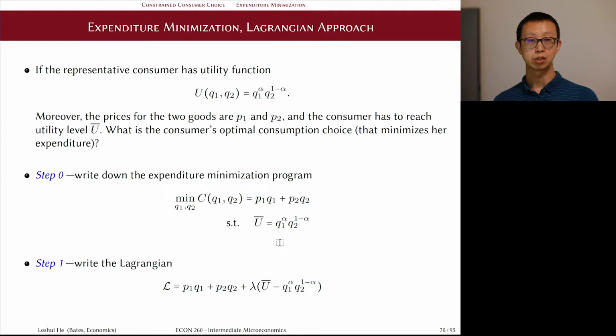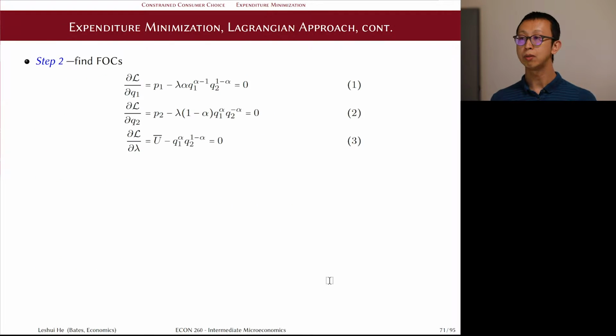It doesn't change the end result at all, although the algebra will have slightly different signs along the way in the first order conditions. And now with the Lagrangian in place, we're going to take derivatives with respect to the two control variables Q1 and Q2 and lambda, and that will give us three derivatives. By setting these three derivatives to 0, we find three first order conditions.